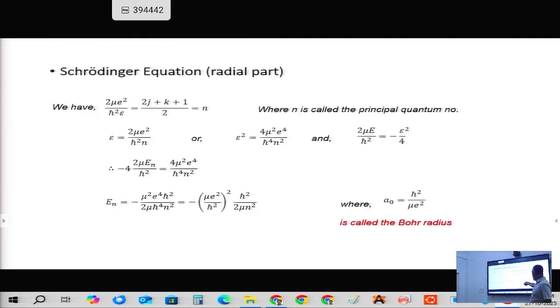If you substitute this here, it'll be 1 by a naught squared, and so they are similar expressions. We should get the same expression for the Bohr energy; otherwise, you can't use the Bohr energy density. It should be the same. They basically produce the same.